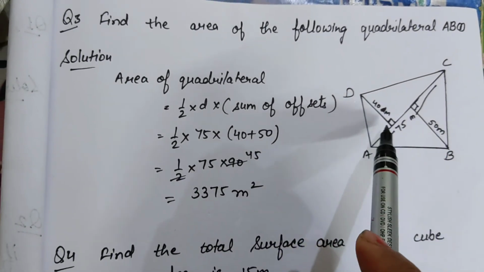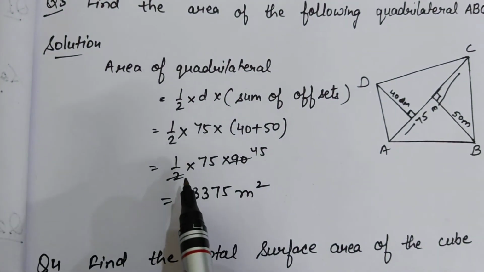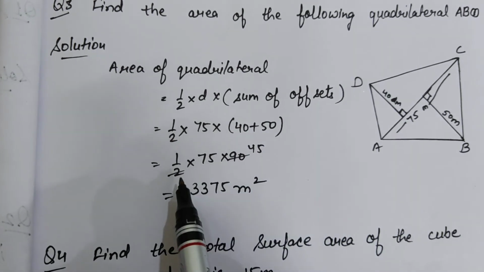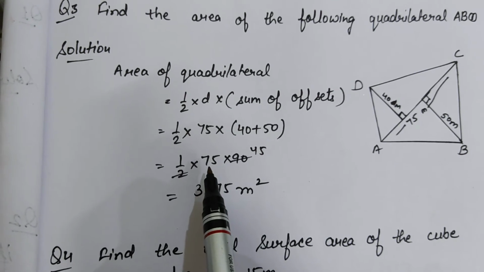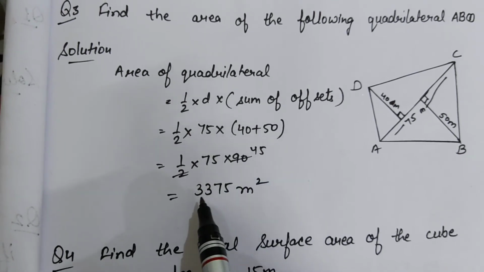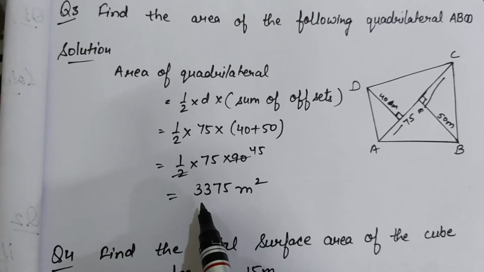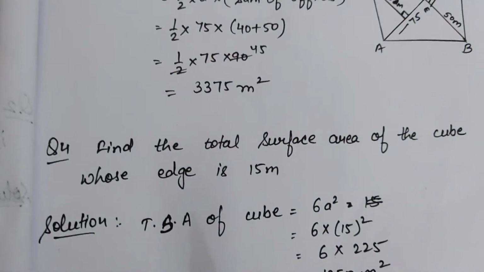Offsets are this one and this one. So 40 plus 50, half into 75 into 90. 40 plus 50 is 90. Now solve it. 2 45s are 90. Multiply both of them, 75 into 45. This is 3375. So your area of quadrilateral is 3375 meter square.